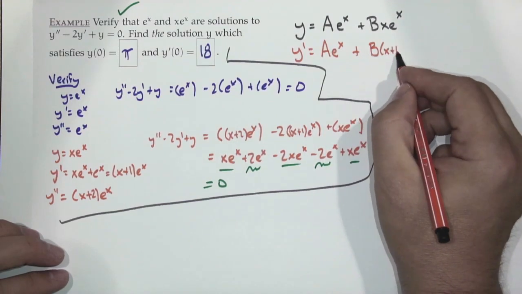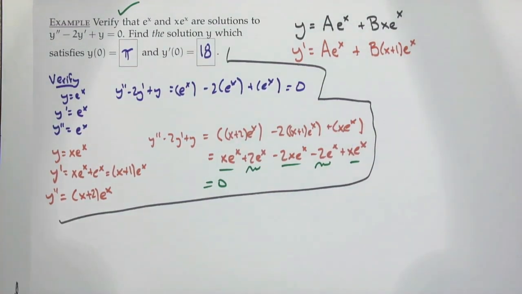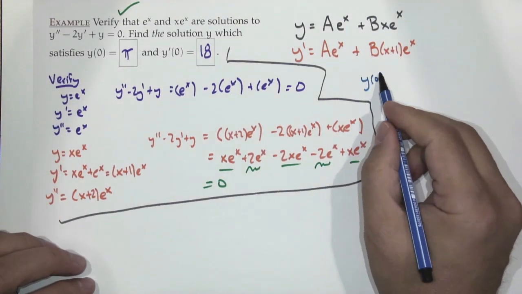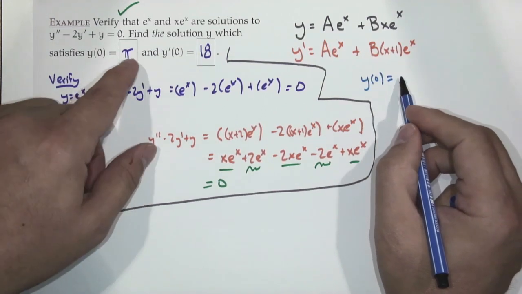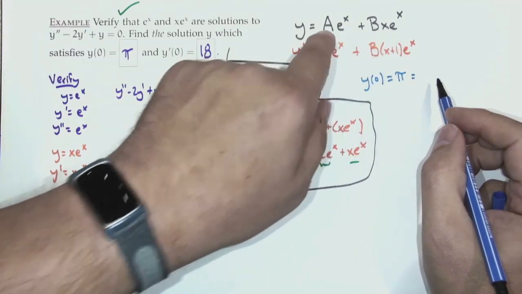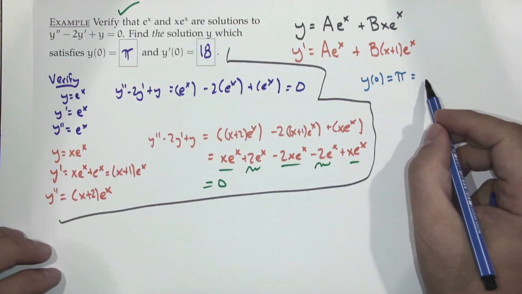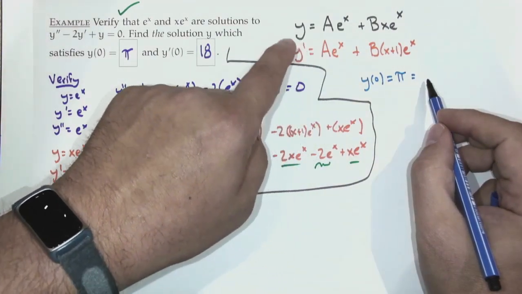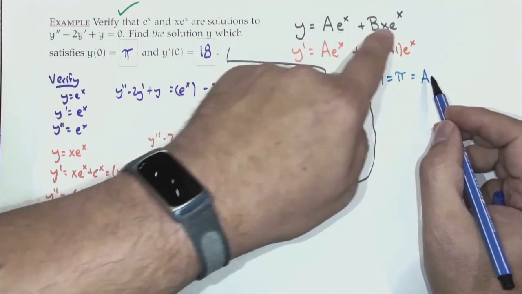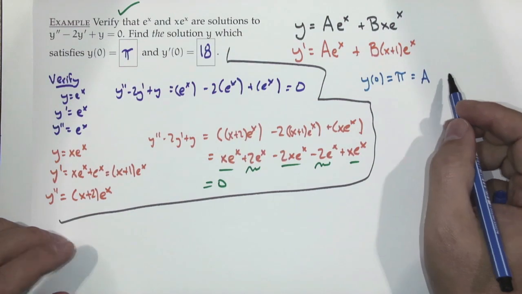Okay, so now what we'll do is we'll plug in y of 0, and let's see what it tells us. Well, y of 0, we want it to be pi. But here, when we plug in 0, what do we get? You'll get a, and e to 0 is 1, and then this part? 0.